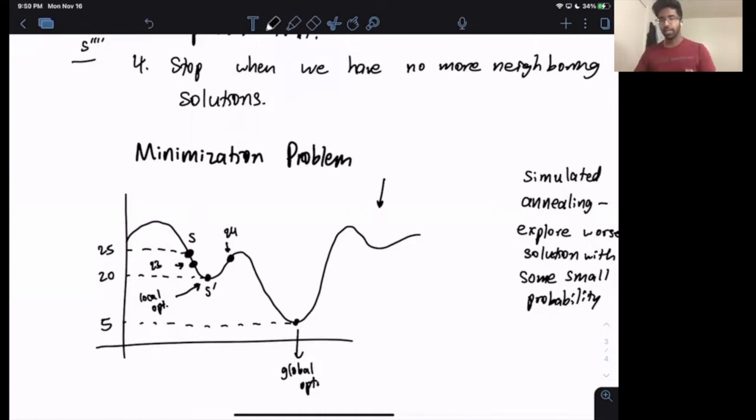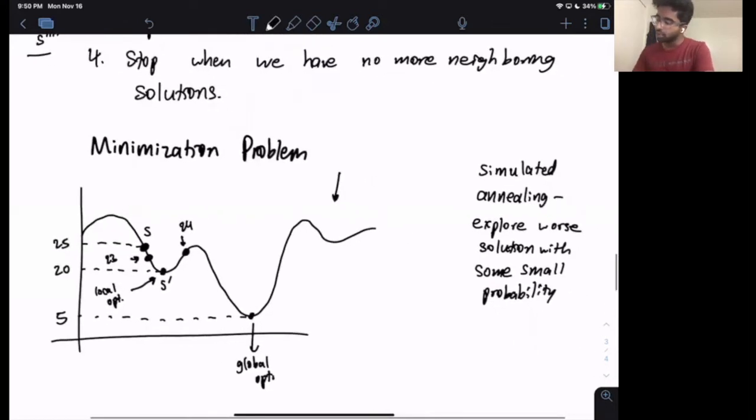So to overcome this problem, what we'll do is called simulated annealing. And what this means is essentially, look at the neighboring solutions. If it's better than our current solution, go to it. But if it's worse than our current solution, instead of completely ignoring it, assign some sort of probability to it.